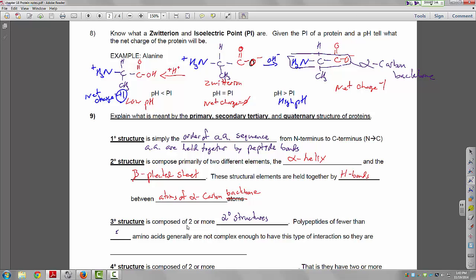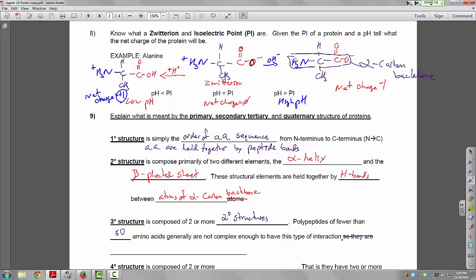Polypeptides with fewer than 50 amino acids are generally not complex enough to have this type of interaction, so they're just referred to as peptides or polypeptides. One important thing to remember is the amino acid alpha carbon backbone. This is what forms the peptide bonds for the primary structure, and also what forms the hydrogen bonds between the amino group of one amino acid and the carbonyl of another amino acid.